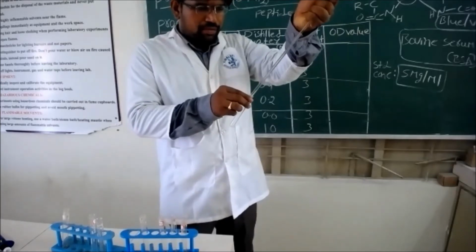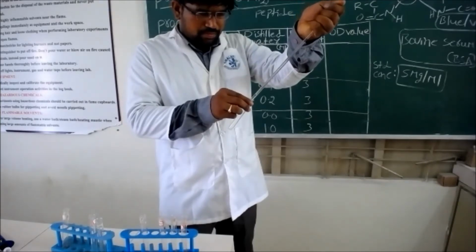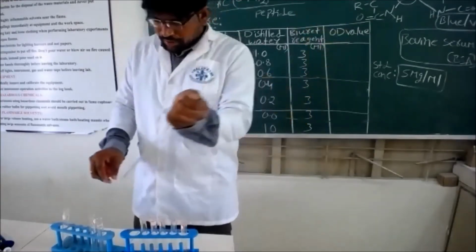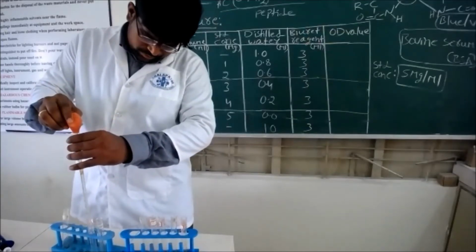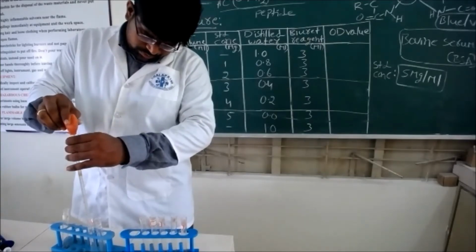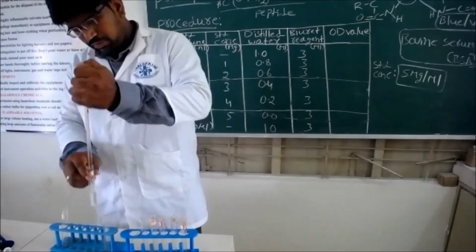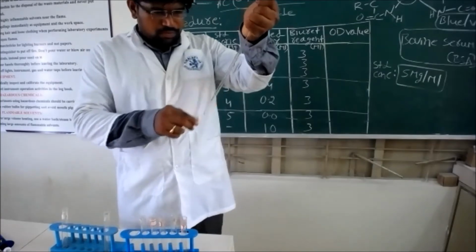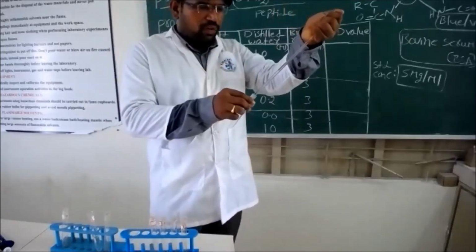Then 0.8 ml into the S4 tube. Then into the S5, transfer 1 ml of the protein solution.